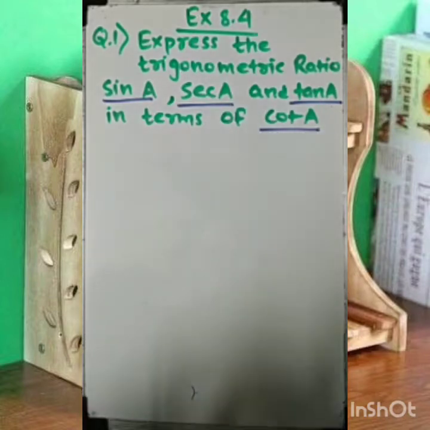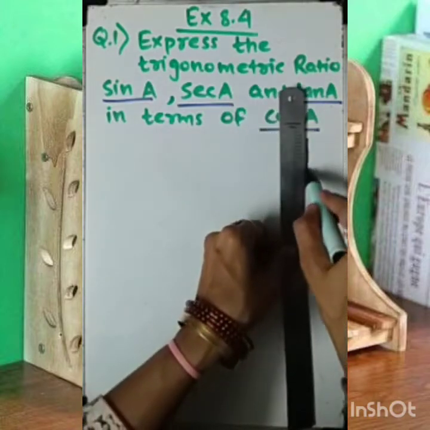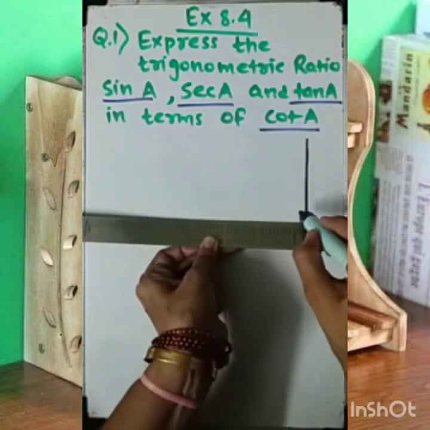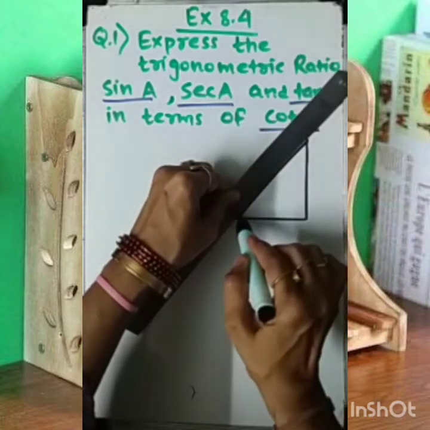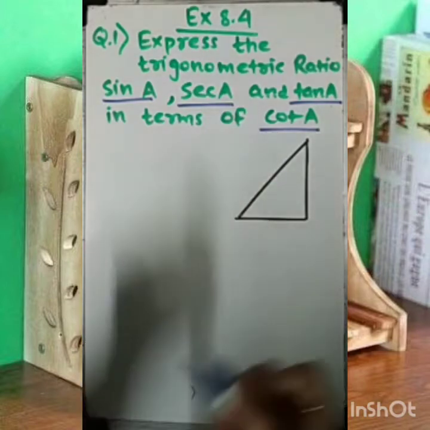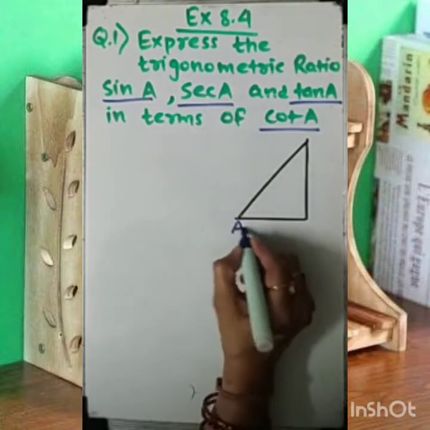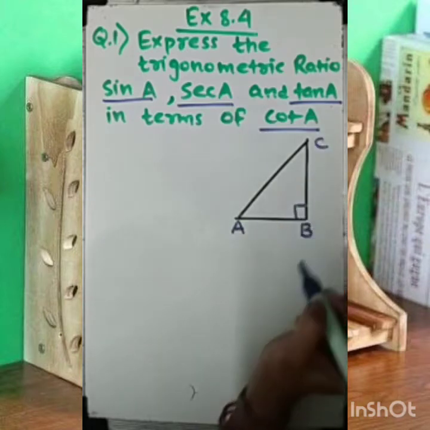First of all, I request you, we are choosing one triangle ABC with a right angle at B. So I request all the students to draw one triangle, that is triangle ABC. I'm marking this angle A, this is angle B and this is angle C, and this is a 90-degree angle.